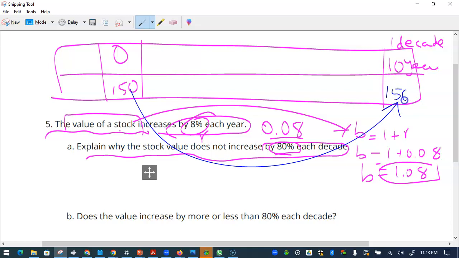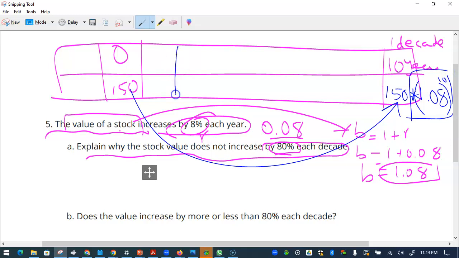What was that? Multiply by 1.08 raised to 10, correct? So the rate here is the value of this answer. We wanted to know what that is.